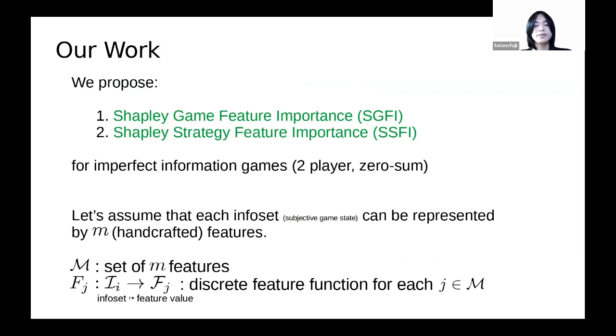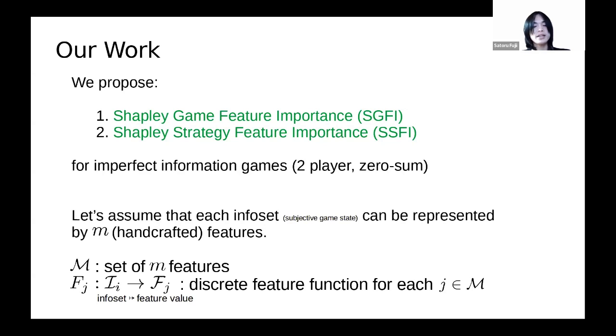Now, let me get to the content of my research. It features 2 methods to calculate feature importance, each for games and strategies, corresponding to the 2 questions earlier: Shapley game feature importance, which we abbreviate as SGFI, and Shapley strategy feature importance, which we abbreviate as SSFI.